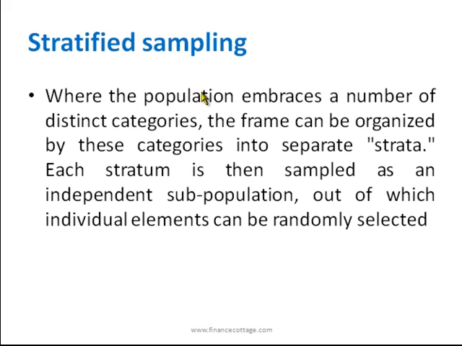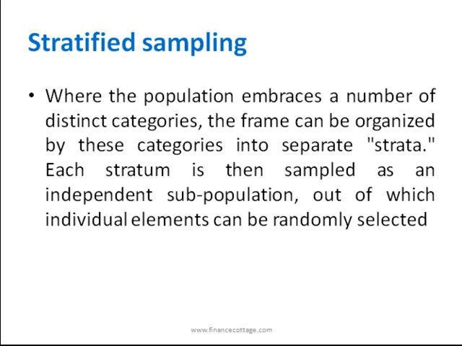So every group based on their specialization can be categorized as a stratum. This means that in a population there might exist certain distinct categories based on certain common characteristics. If this situation is present in the population, we can make strata in our population. Each stratum is then sampled as an independent subpopulation, out of which individual elements can be randomly selected. So this method is known as stratified sampling.